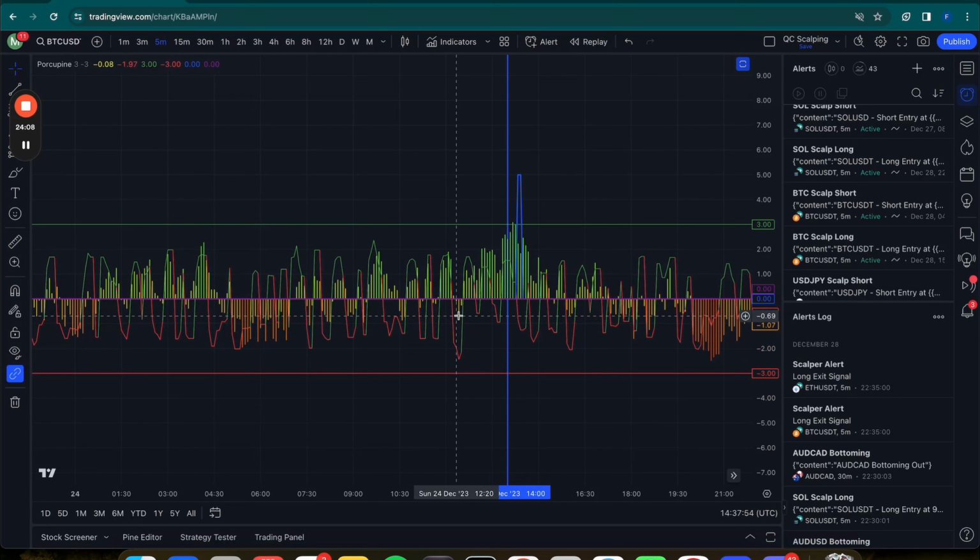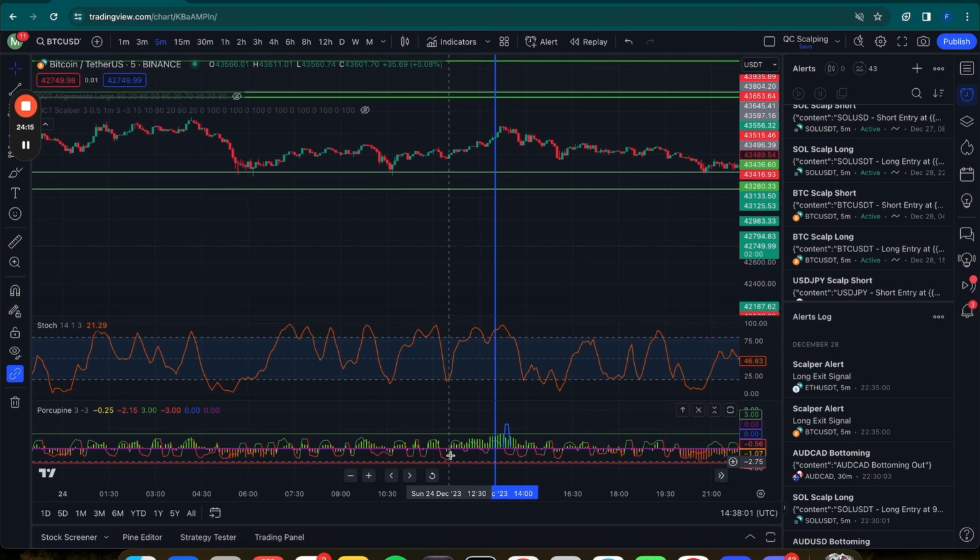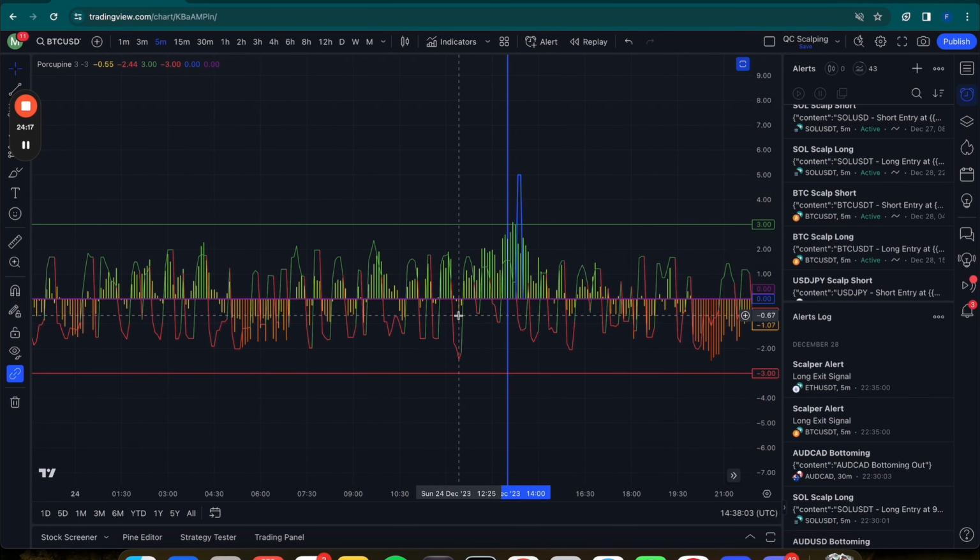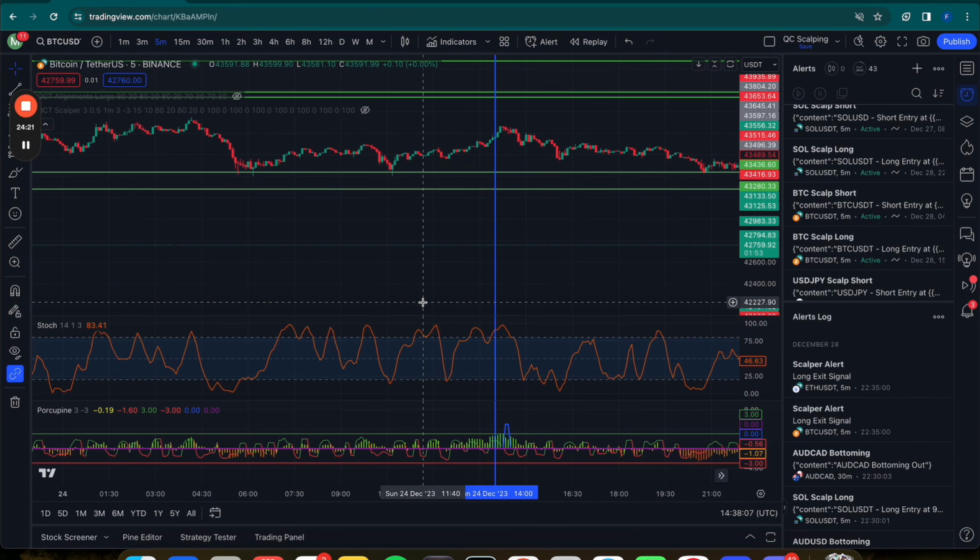But if you look at the score, the other time frames are not really in alignment. The 5 minute is down, but the score is very, very far from being bottomed out. And this is how this indicator is being used.